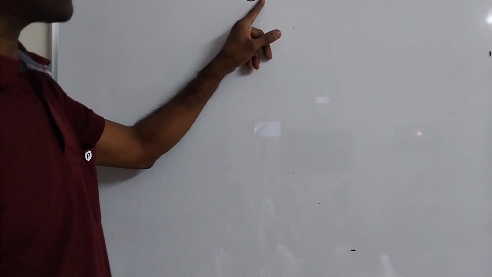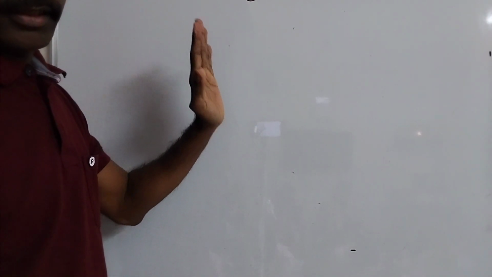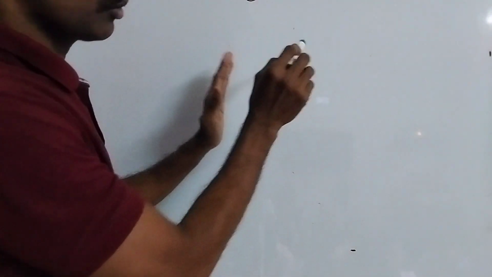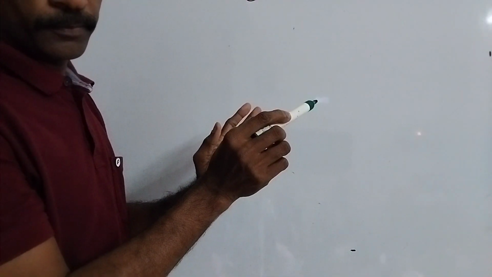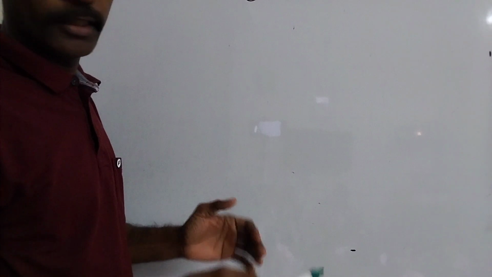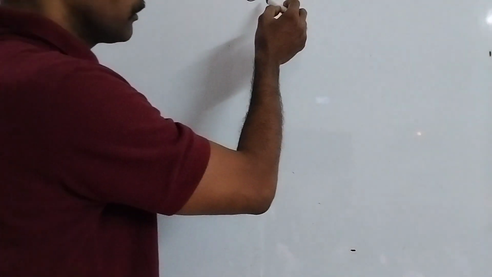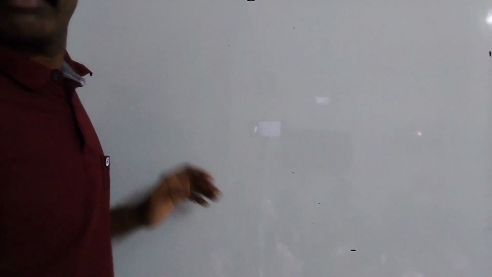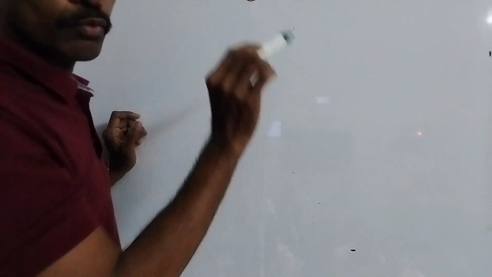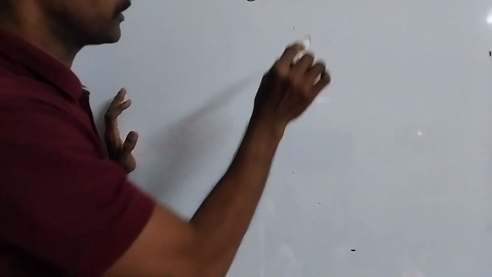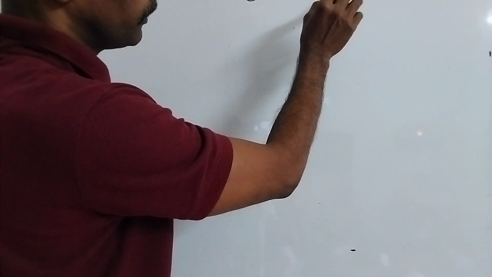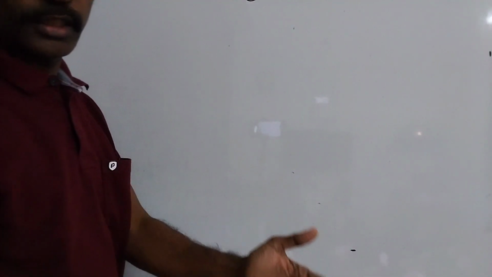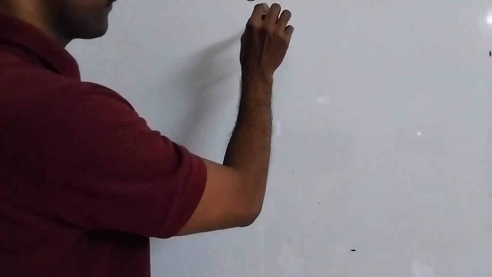Now here the coefficient of x square is 1. Then there is no need to arrange or to divide this equation by any number, because the coefficient is 1. Then keep it as it is. Only we take this constant term to the right side first.